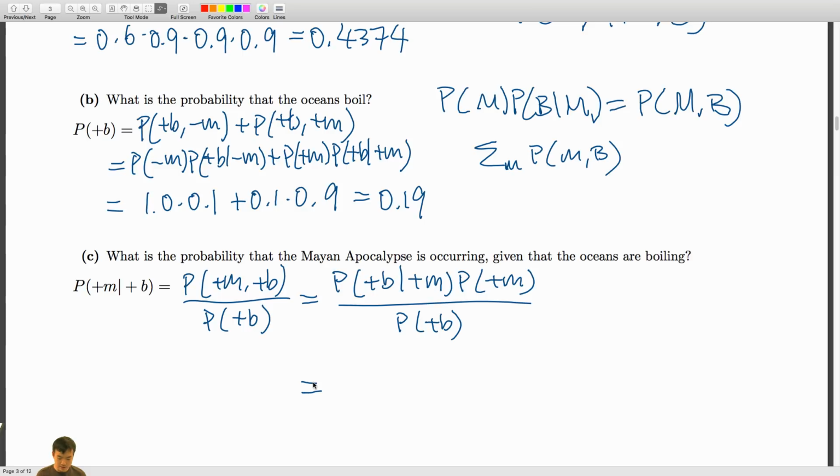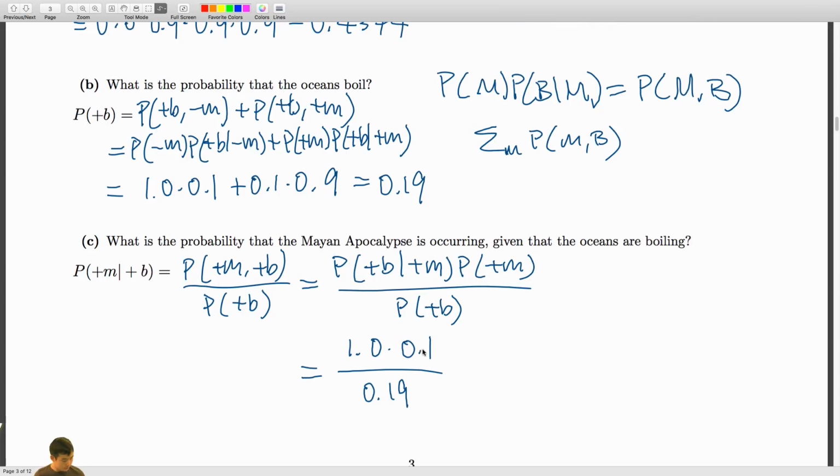We could just look at the tables in order to get the probability, which is equal to 1.0 times 0.1 over the 0.19 value we computed in the previous part. This eventually gives us the result, 0.526.